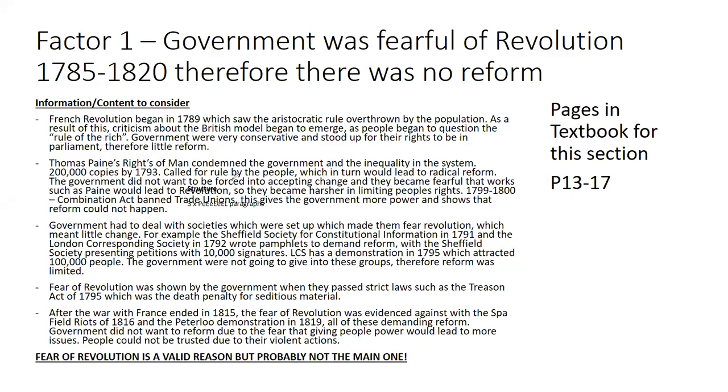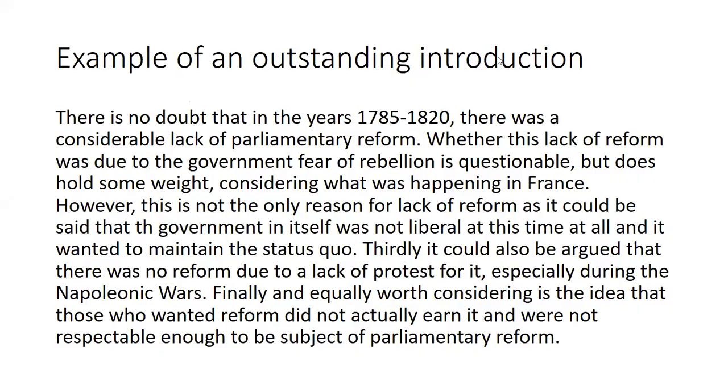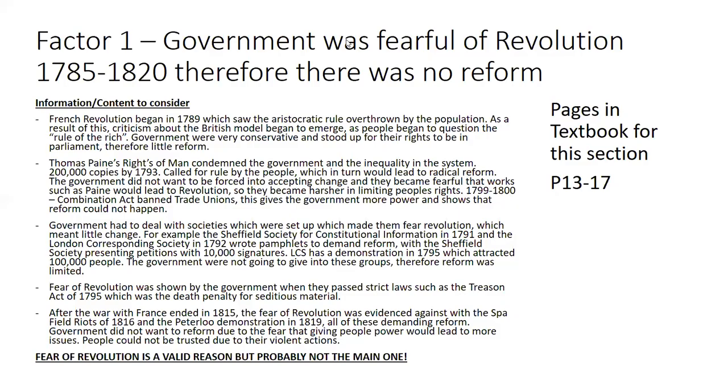Okay, so let me just go back. Now this is the content to consider. To be honest, when I show you the essay for this, you're going to realise that this is a lot of detail. First of all, the French Revolution began in 1789, which saw the aristocratic rule overthrown by the population.